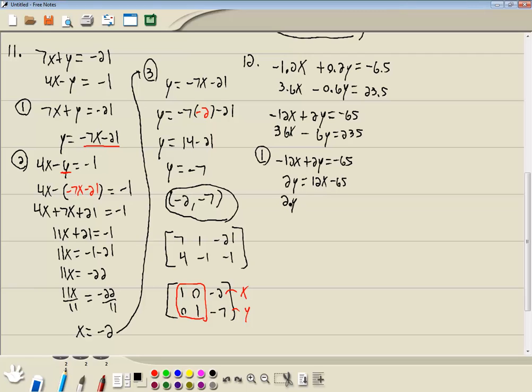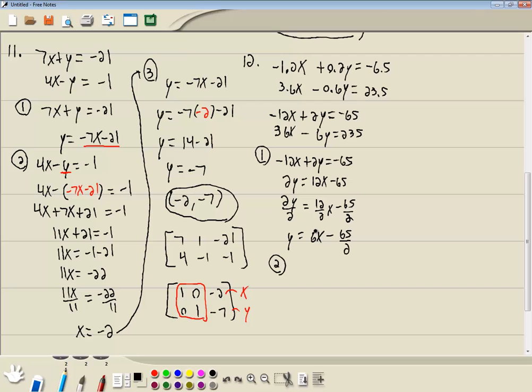Divide everything by the number in front of your y, which is 2. And we get y is equal to 6x minus. Question is, do I want to work with a fraction or do I want to work with decimals? I'll work with fractions. So minus 65 over 2.